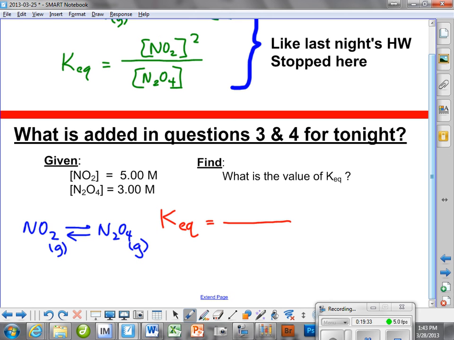So we have the reactants on the bottom, the NO2. We have the product on the top, N2O4. Now we don't have to put a 1 in for any of them, so all we have to do is substitute the values. So the equilibrium constant has N2O4 on the top. So that's 3 over 5. Piece of cake. 0.75?